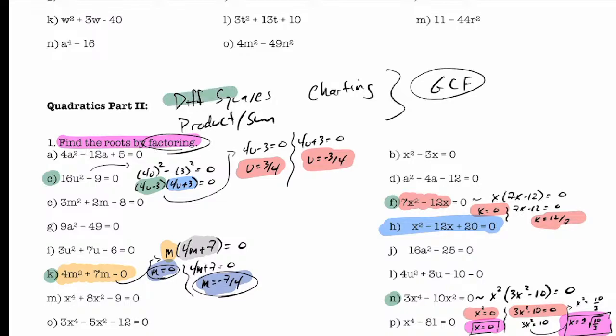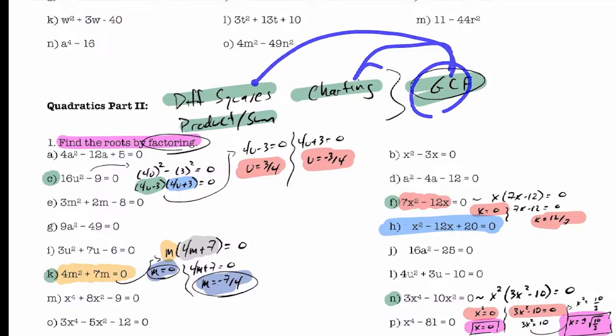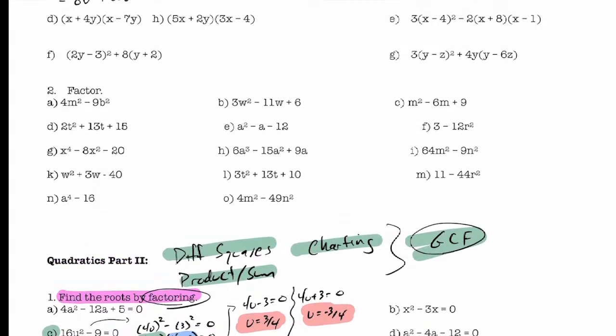Those are the factoring techniques we've talked about: GCF, difference of squares, product sum, charting, or sometimes GCF just on its own, which we saw in some of the examples I had done, or GCF and then charting, or then difference of squares, or then product sum. Those are the options that exist.